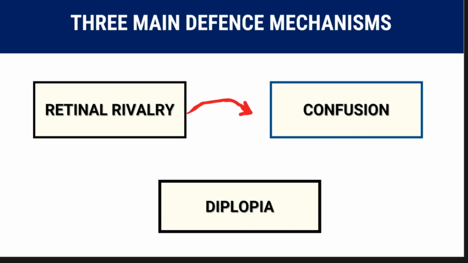Number one, because they had a normal binocular single vision up to that level, initially, when they get an insult, they will definitely experience retinal rivalry. Now, that retinal rivalry can again lead to further problems, and they can have either confusion or they can have diplopia. Okay, so the basic defense mechanisms that will develop in these patients, or the sensory changes which happen in these visually mature systems, are confusion and diplopia.